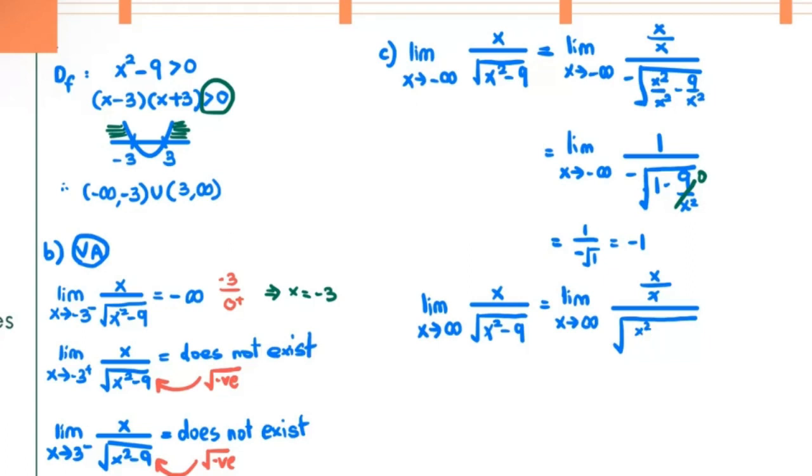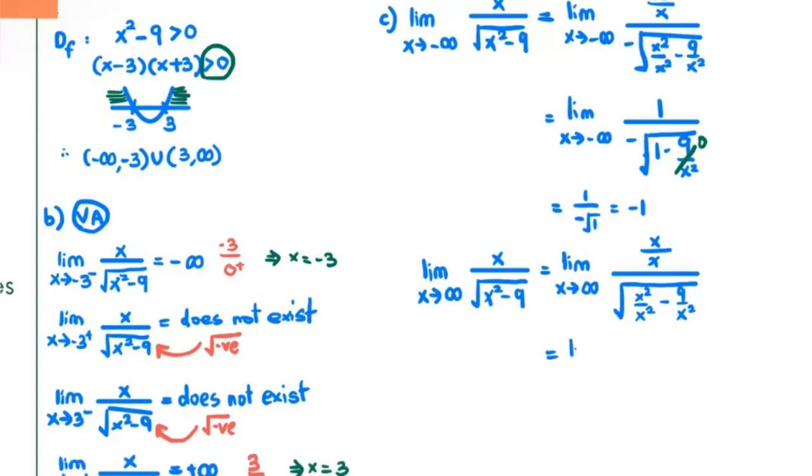So x over square root of x square minus 9 over x square. Okay, so let's write the simplest form first. So we have 1 divided by square root of 1 minus 9 over x squared. Okay, and then 9 over x squared here will be approaching 0. So therefore, kita dapat 1 over square root of 1, which will be the value of 1.